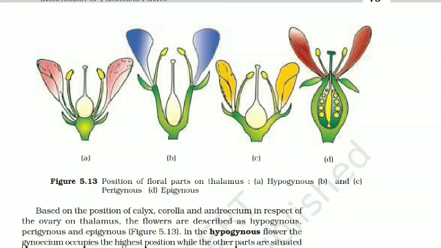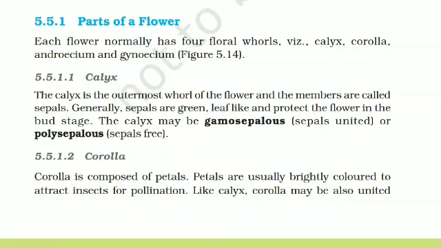Okay, so next we will learn about the parts of a flower. Each flower normally has 4 floral whorls. What are those? Calyx, corolla, androecium and gynoecium. Calyx is the outermost whorl of the flower.